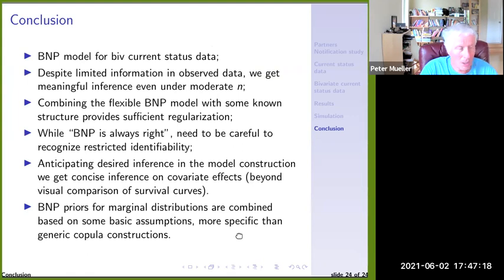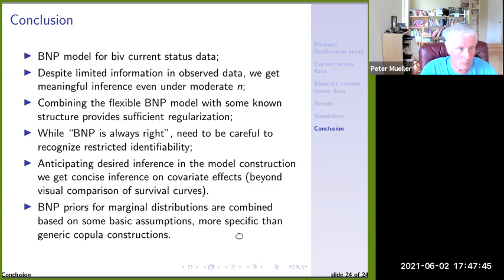So in summary, we introduced the BNP model for bivariate current status data. Importantly, we only needed BNP models for the marginal distributions. We made use of known structure in this study, and that really got us to a point where we can make reasonable inference with finite sample size and still hope to recover a meaningful truth.